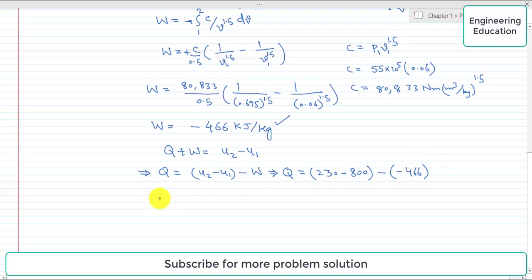So the value of Q is equal to minus 104 kilojoule per kilogram.